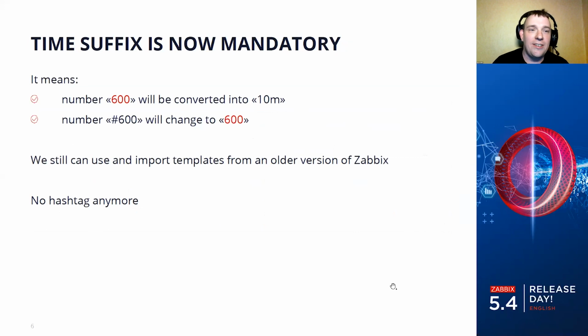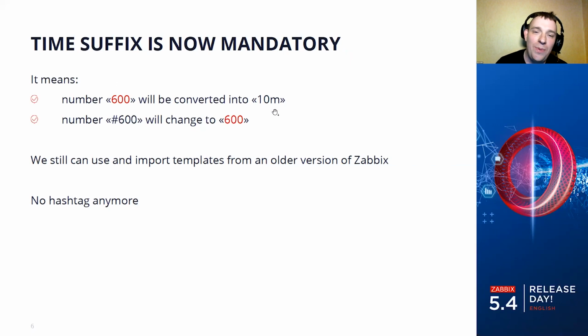Going further, the time suffix is now mandatory. This is, I would say, huge, because previously when we saw the number 600, we instantly thought, yes, that's 10 minutes. But now we will convert all these numbers inside the interface to a human readable format. Finally, there will be no calculation in your brain about the meaning of this number.